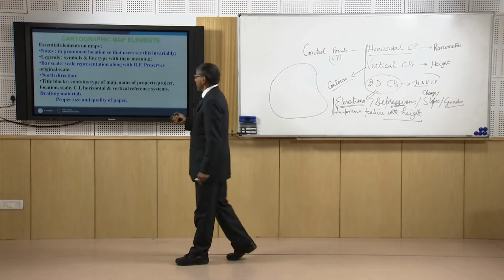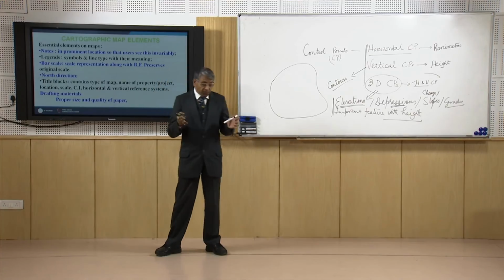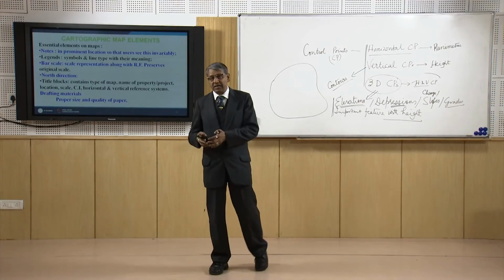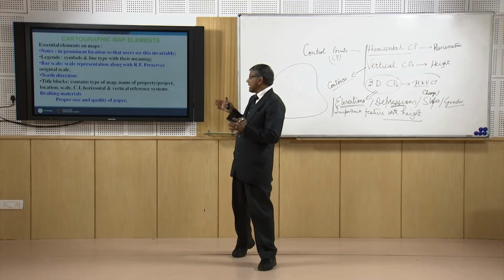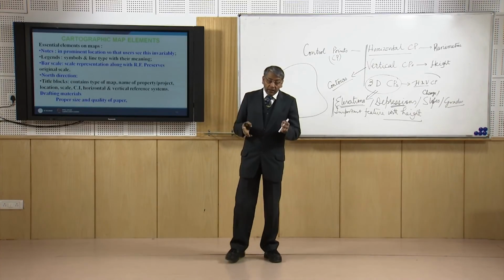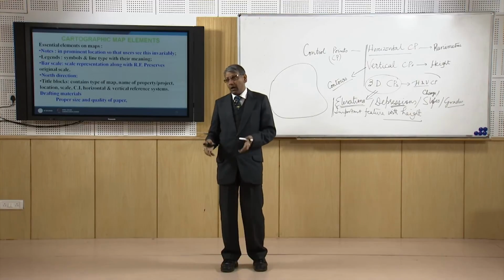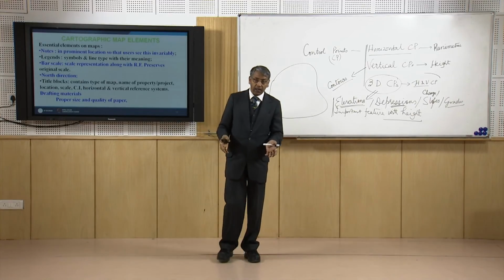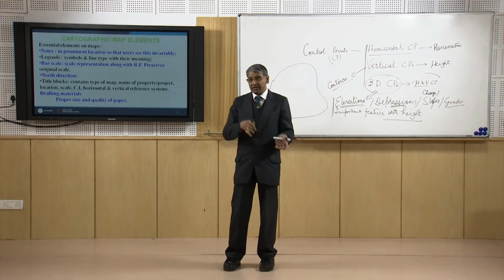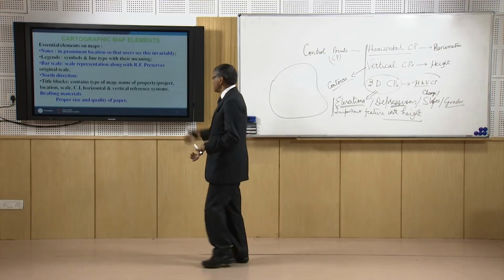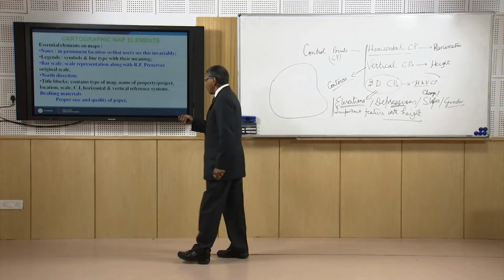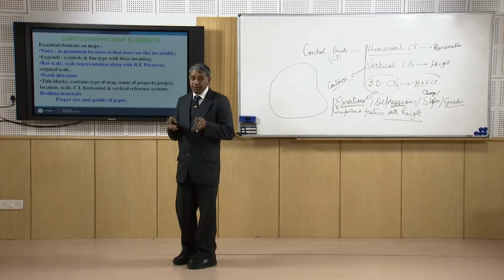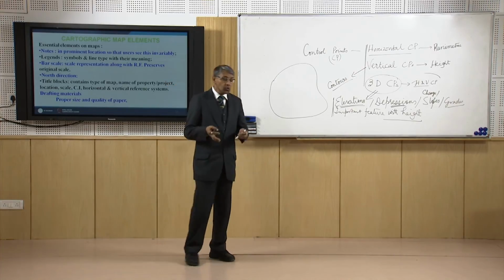Bar scale: the most important thing in a map is the scale, which we discussed in the last class. In a map it is better to have at least a bar scale, or graphical presentation of the scale, along with the representative fraction. North direction has to be noted down, and preferably it should be true north.